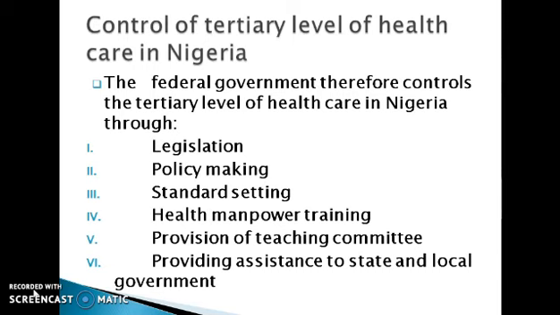The federal government therefore controls the tertiary level of health care in Nigeria through legislation. They control it through policy making, standard setting, health manpower training, provision of teaching committees, and by providing assistance to states and local governments.